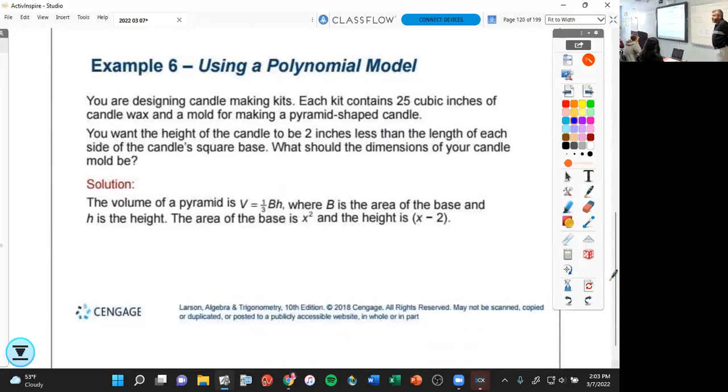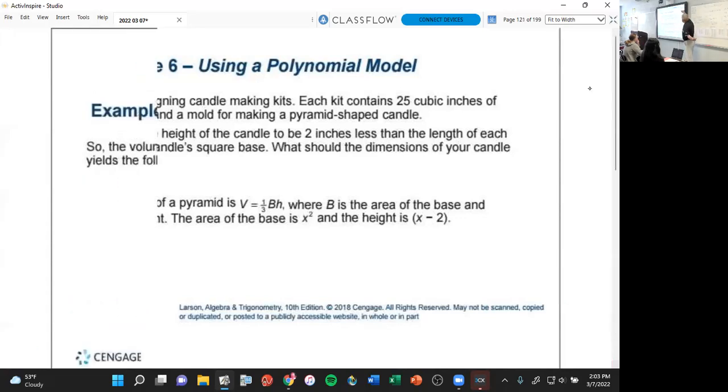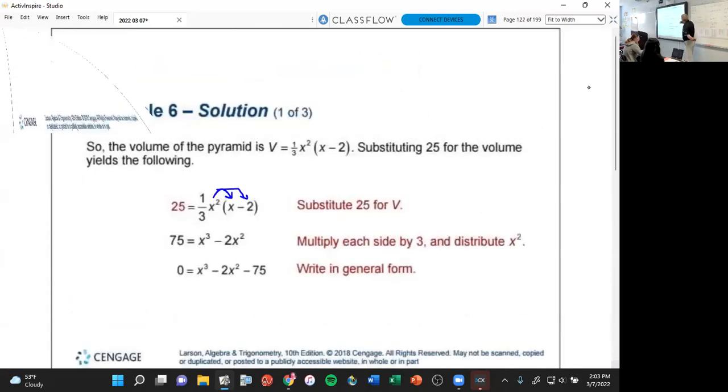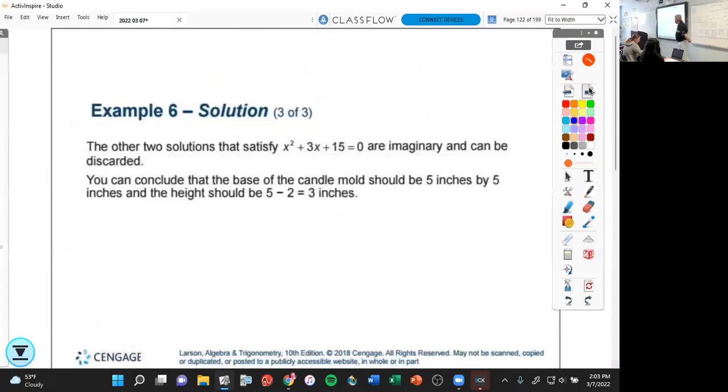So how tall is the candle? 3. Right? So by finding x, we know all the dimensions of this square pyramid candle. This candle has a base of 5 inches by 5 inches, and it has a height of 5 minus 2. It has a height of 3 inches. And there it is.